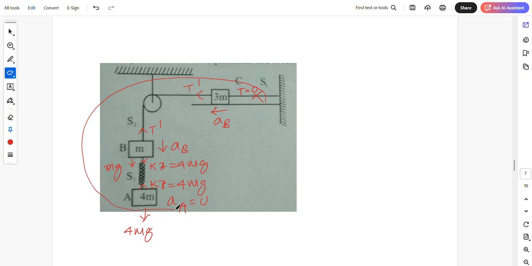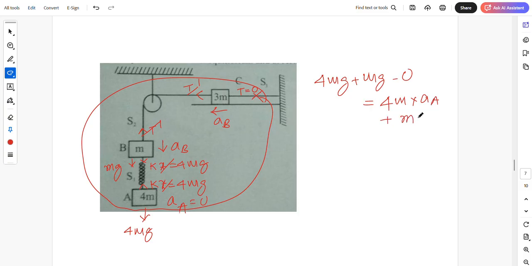Write down the system boundary. If you take the system boundary, these two internal forces get cancelled. Tension gets cancelled. The driving forces, that is 4 mg plus mg, and the resisting force is minus, equal to mass into acceleration. How much is the mass? 4m into AA plus m into AB plus 3m into AB.